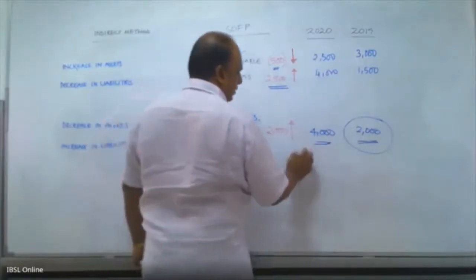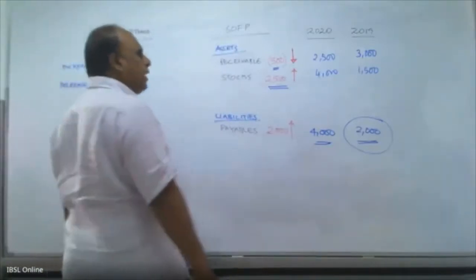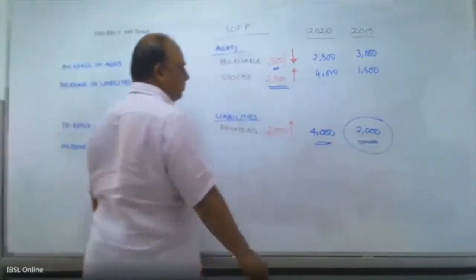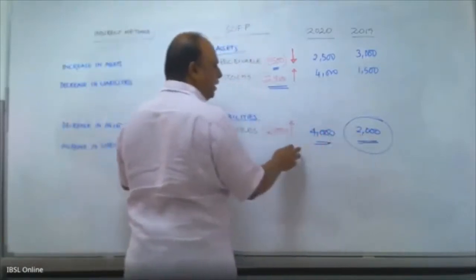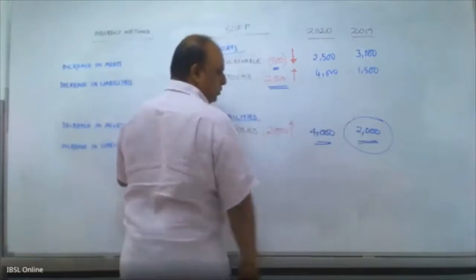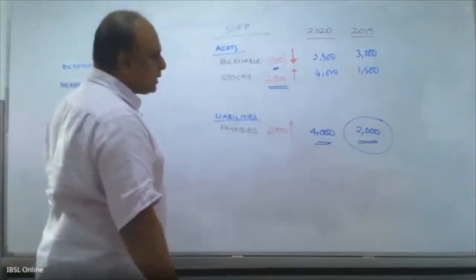Now look at this. Liabilities. Last year I had to pay 2 million. So if I had paid this during this year, my liability would have come down. But what has happened?